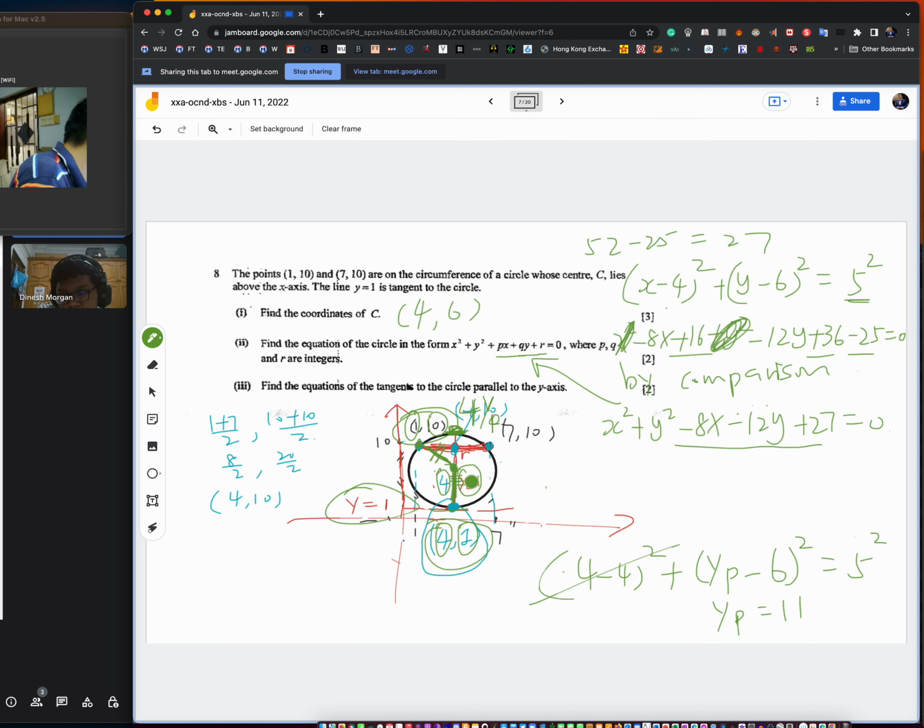Wait, am I right? Oh yeah, that's also possible, because this is 5, and this is 6. 6 plus 5 is only 11. Yes, sure.